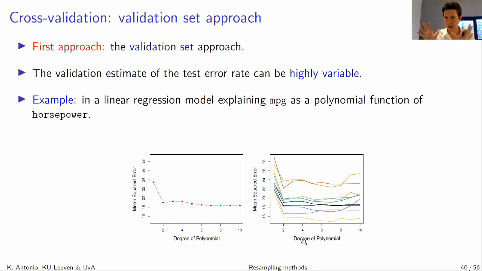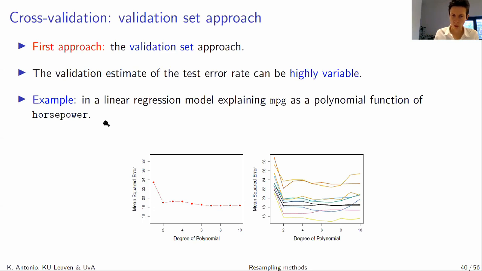So it doesn't matter too much what this data is about, but you've got a target Y, you've got a covariate X that you want to use, and you want to decide, should I go for just X in my regression model, or X and X squared, or X squared, X to the power 3, and so on and so forth. So the question here is how to decide upon the degree of the polynomial of horsepower that we want to use, okay?